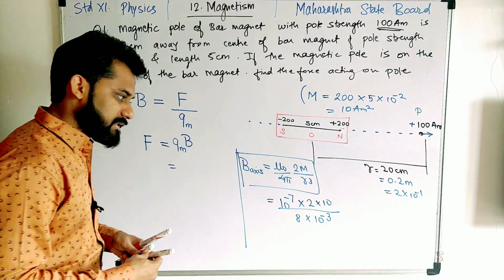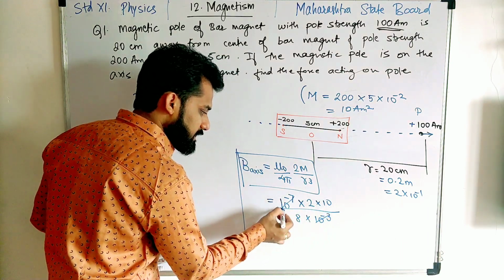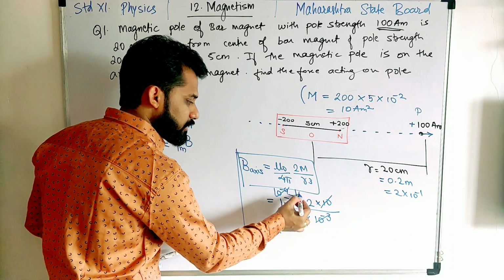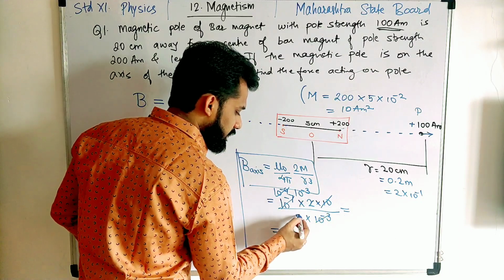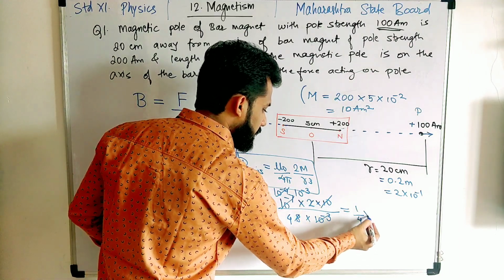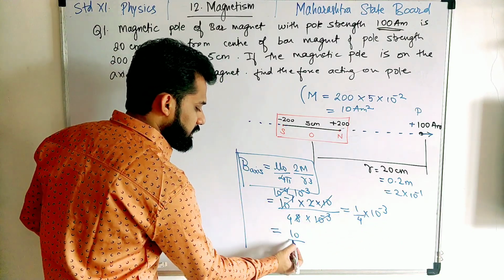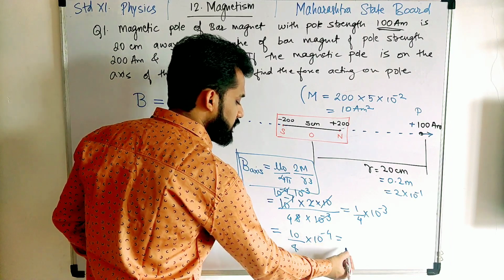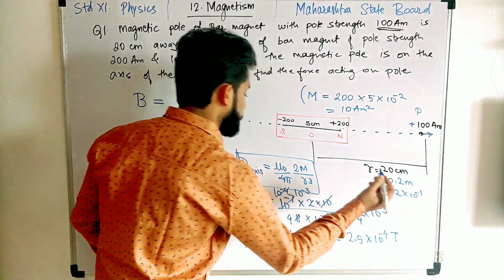On solving this, 10 raised to minus 7 and 10 raised to 1 leave 10 raised to minus 6 over 10 to the power minus 3, and then what is left is 2 by 8, that is 1 by 4, times 10 to the power minus 3. If I adjust the 10, that is 10 by 4, it will become 10 to the power minus 4. So the magnetic induction is 2.5 into 10 raised to minus 4 Tesla.